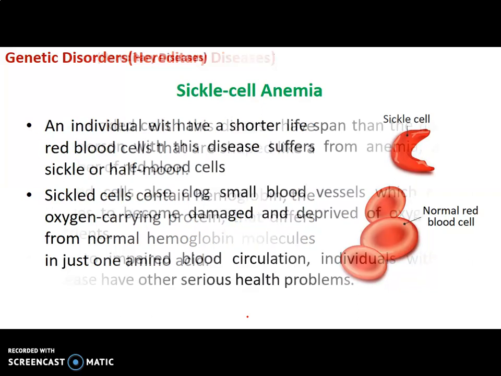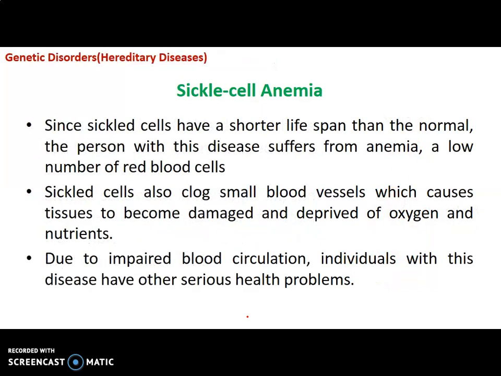Remember that the red blood cell is responsible for many vital roles, both transportation of oxygen and also transportation of nutrients. So if the shape is damaged, if the shape is not in order, the person will suffer from a lot of health risks.